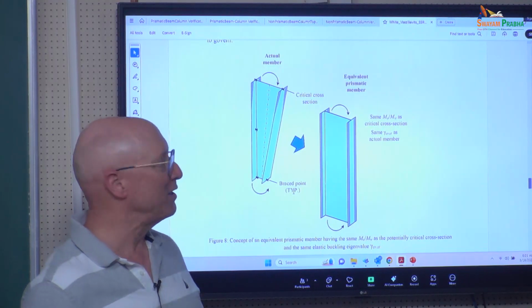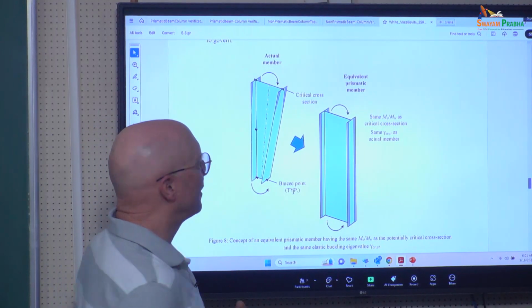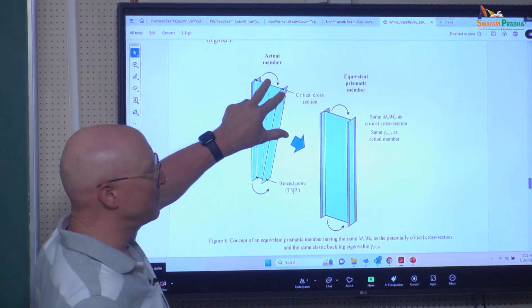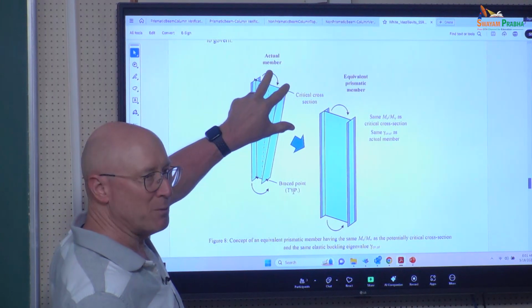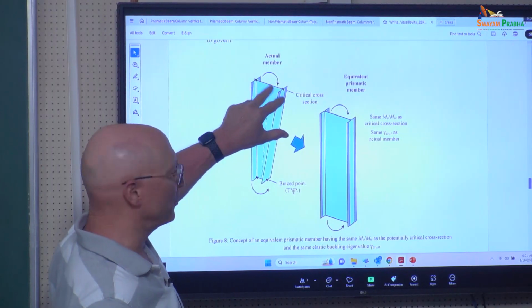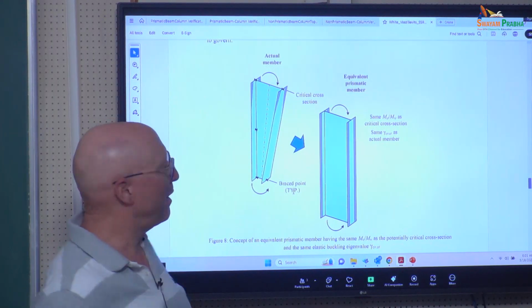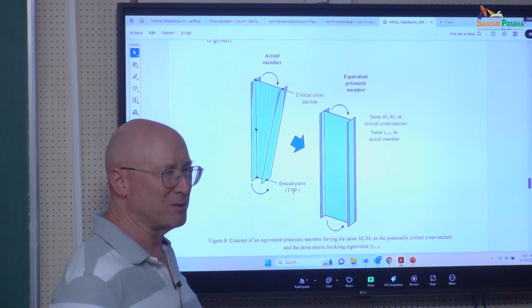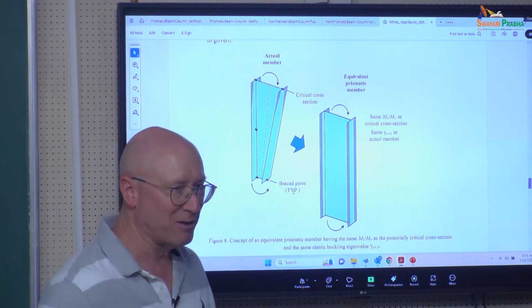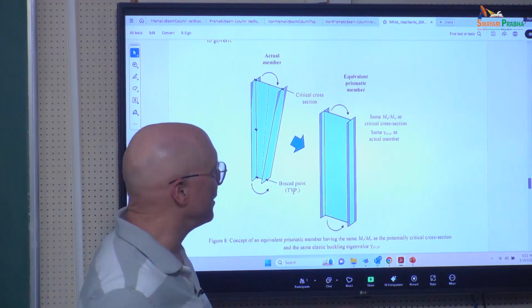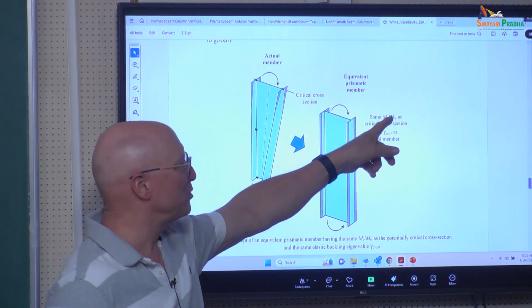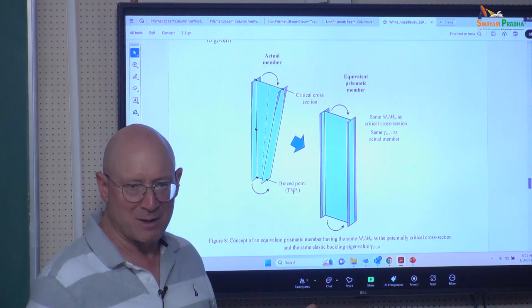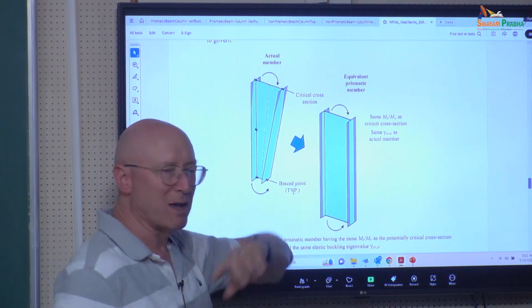What's the equivalency that we're going to use for a non-prismatic member? We go to a potentially critical cross-section. We determine the MU over MW at that cross-section, we get a gamma critical for this non-prismatic member, and then we're not going to try to define what's the length or anything of that sort in the equivalent member. We're just going to say, okay, we want to check a prismatic member that has the same MU to MW and has the same gamma critical.